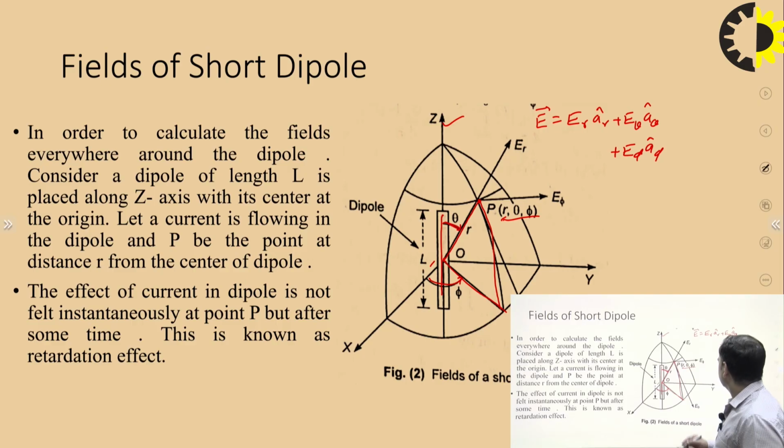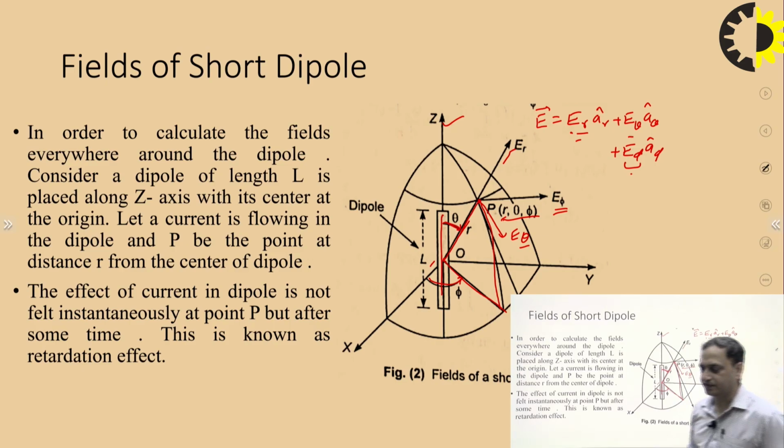What is Er? Er is in the direction of r, so this is Er. E theta will be in this direction, because the direction of theta is measured from the z axis. So this is the component of the electric field in the direction of theta, and E phi is the horizontal tangential component at the particular point P. Okay, so this is the representation of Er, E theta and E phi.